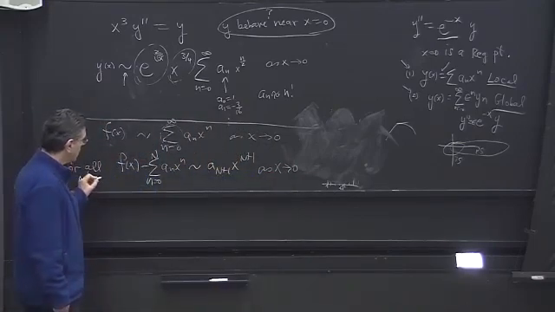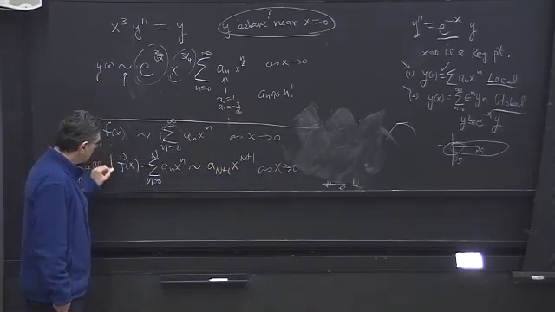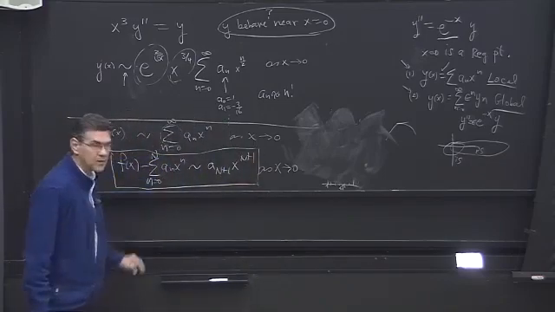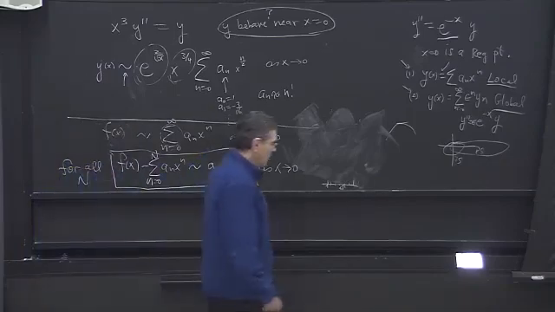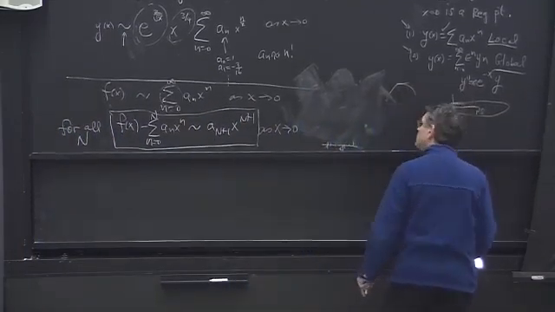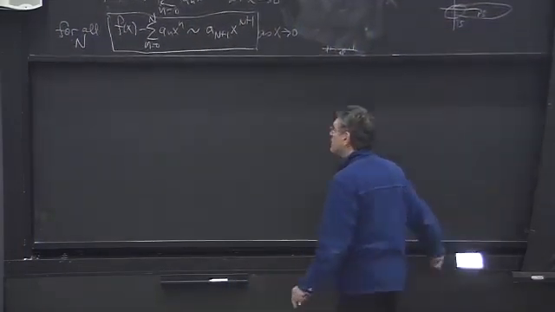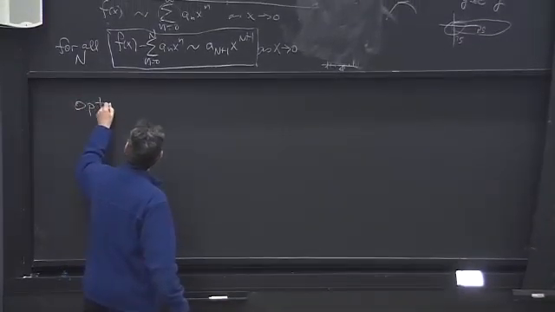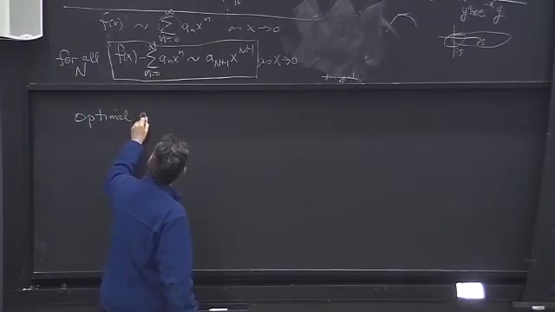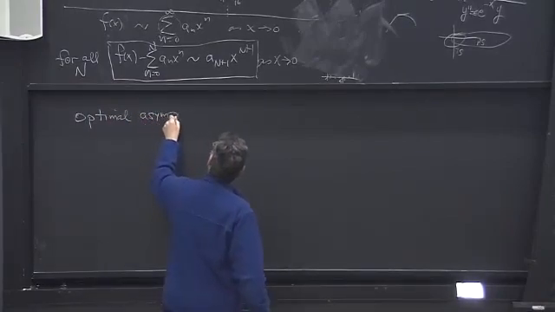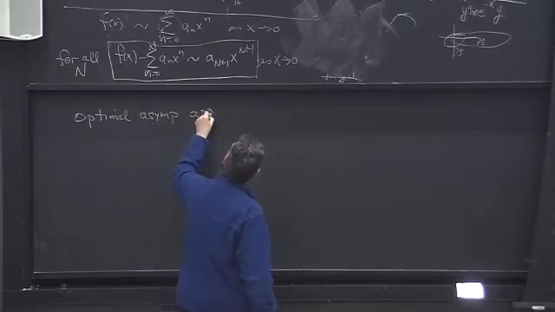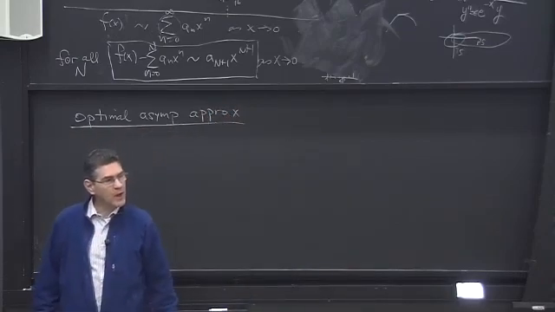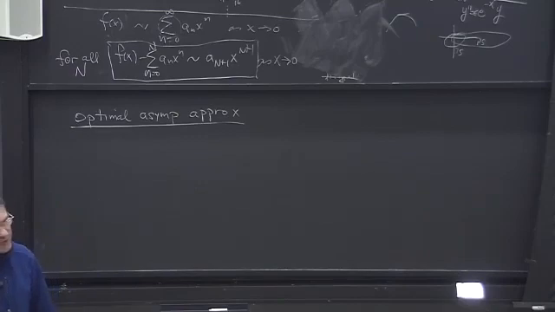So let's ask, suppose you know that this is true, how do you use that? You use that to construct the optimal asymptotic approximation.